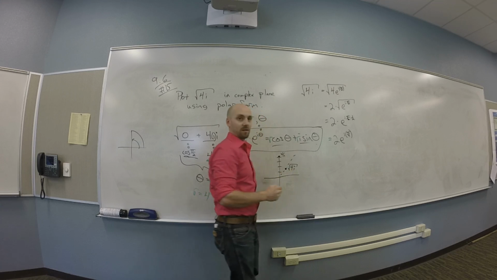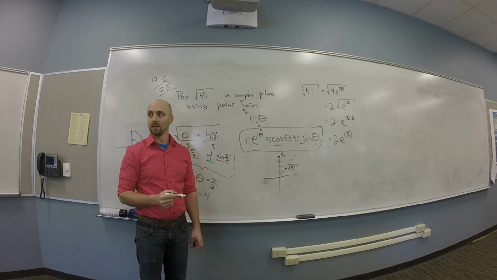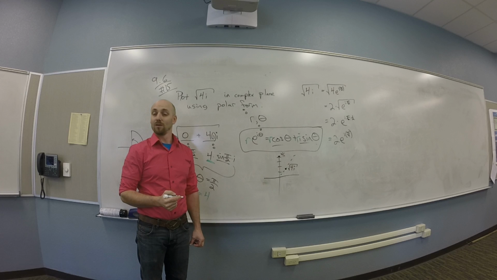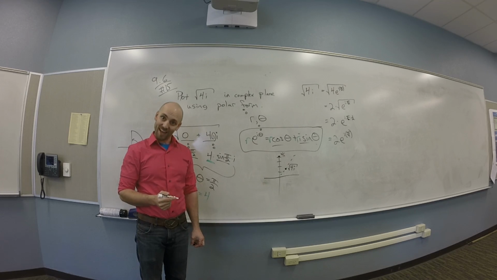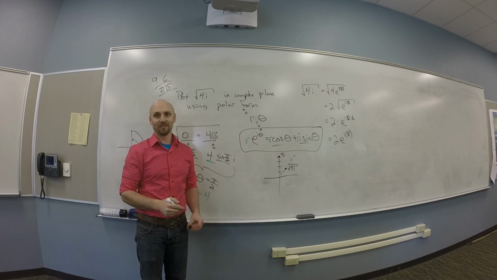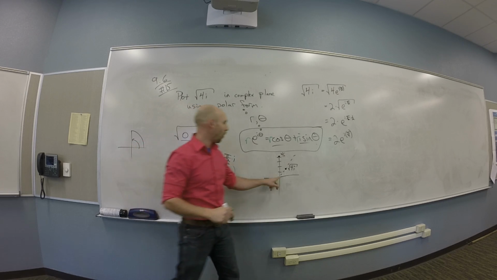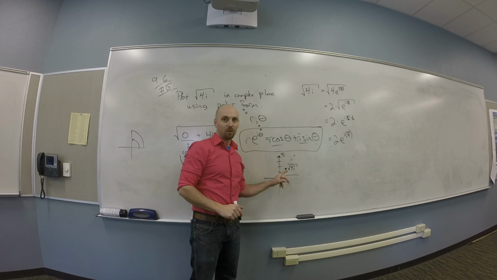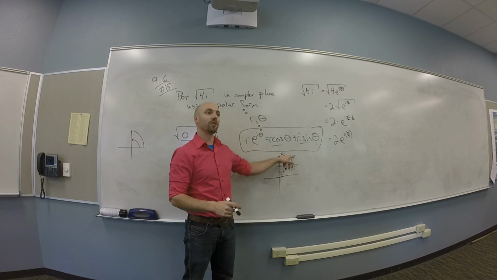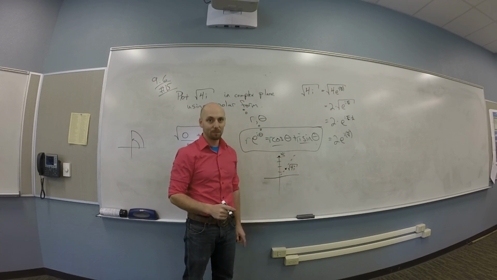Got it. What's the slope of that? It's a 45-degree angle, right? That's the line y equals x, drawn in the complex plane. So that's where the real part and the imaginary part are the same thing.